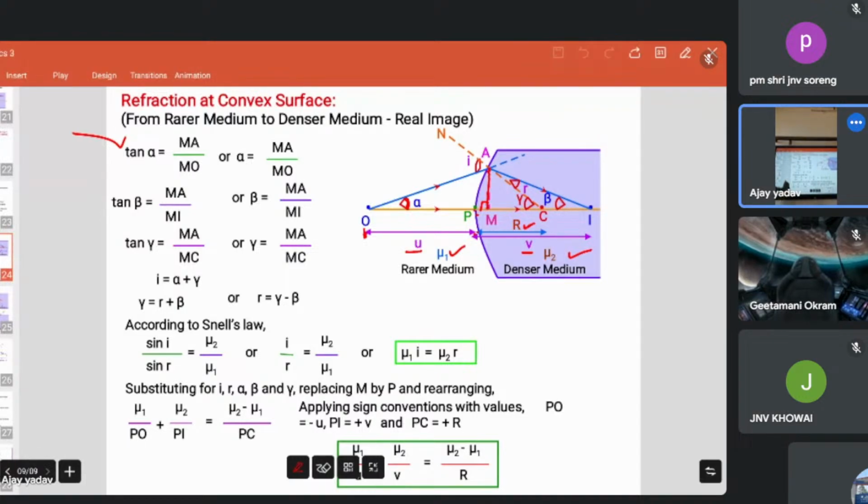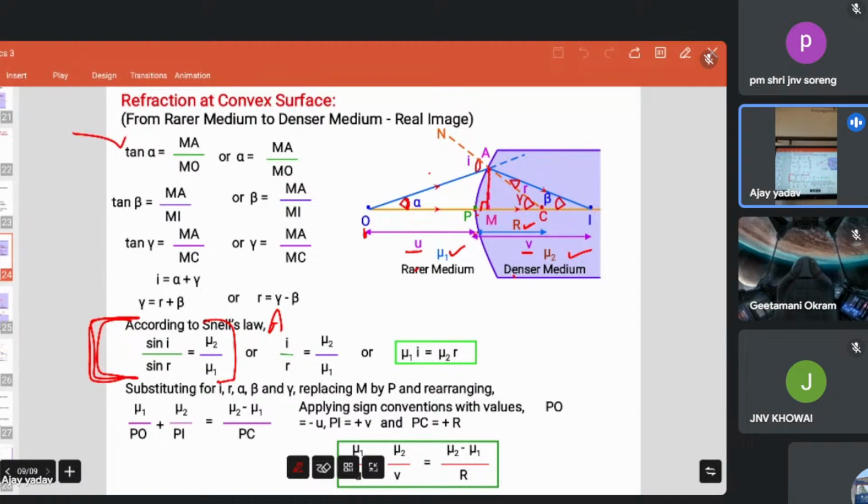First of all, we will write Snell's law. We will apply Snell's law at point A. Snell's law at A: mu2 upon mu1 equals sin I upon sin R. This is the Snell's law that we discussed yesterday.